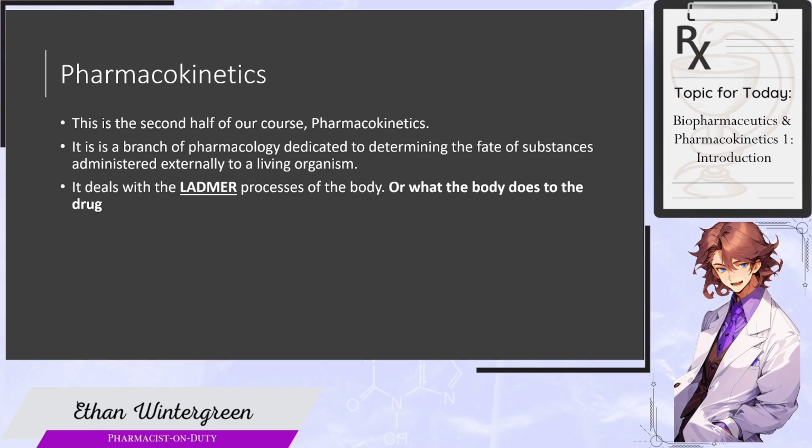We're not dealing with the drug's effect on the body, but more so how the body can change the drug. So it primarily deals with our LADMER processes, or what the body does to the drug. That's the main differentiator. Pharmacokinetics: what the body does to the drug. Pharmacodynamics: what the drug does to the body.